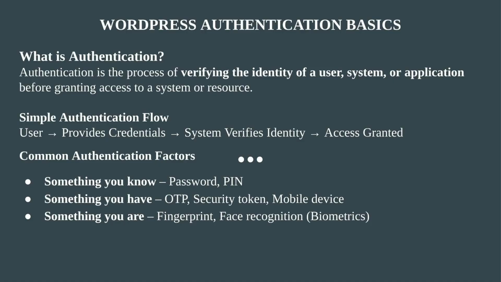This is usually done by requesting credentials such as a username and password. Authentication can also involve multiple factors: something the user knows, such as a password; something the user has, such as a mobile phone receiving an OTP; and something the user is, such as biometric authentication like fingerprint or face recognition.